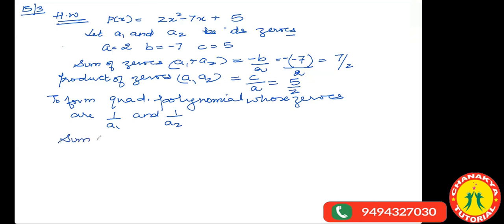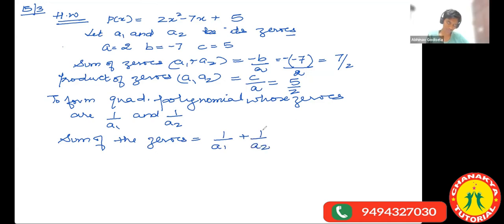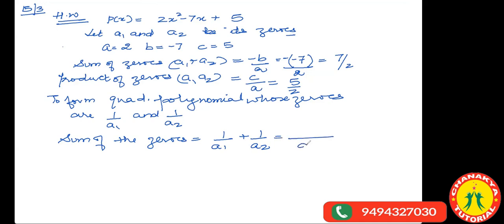So the sum of the zeros will be 1 upon a1 plus 1 upon a2. Now take the LCM a1 a2, then in the numerator it will be a1 plus a2.